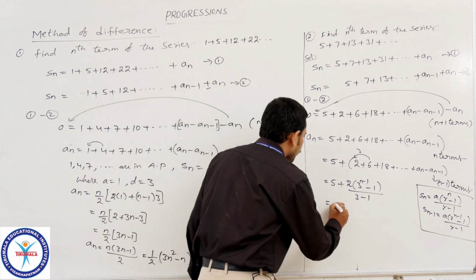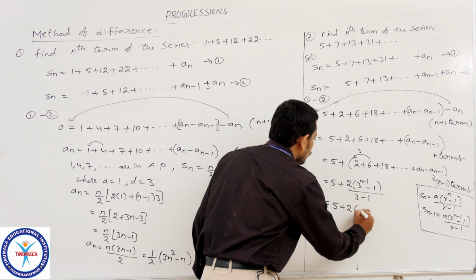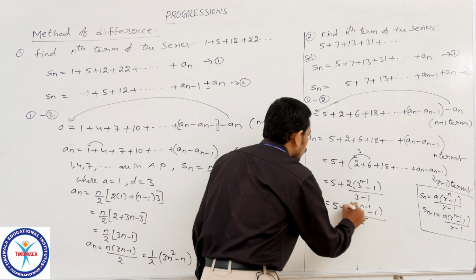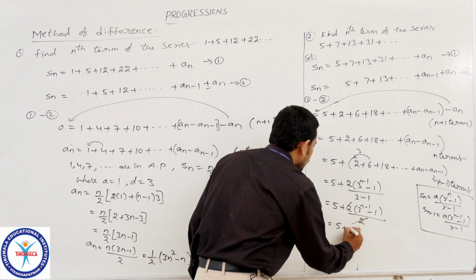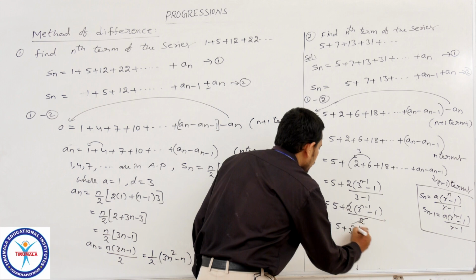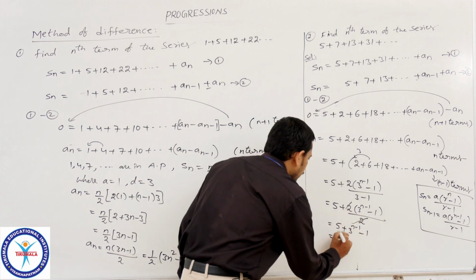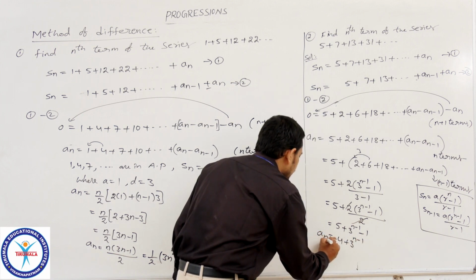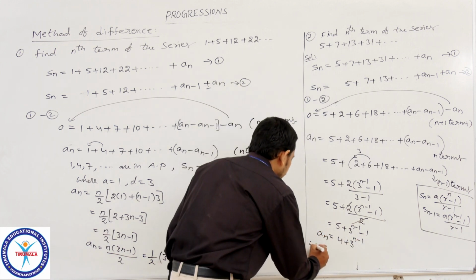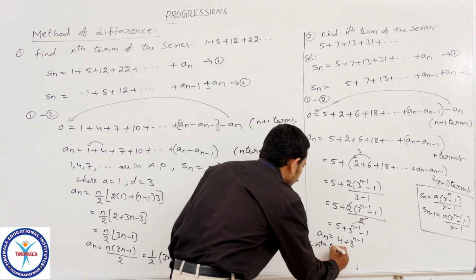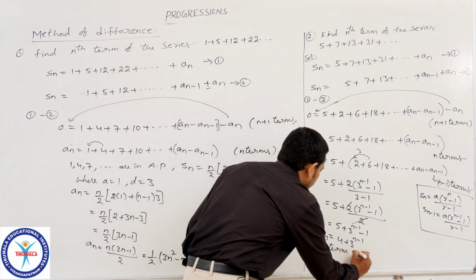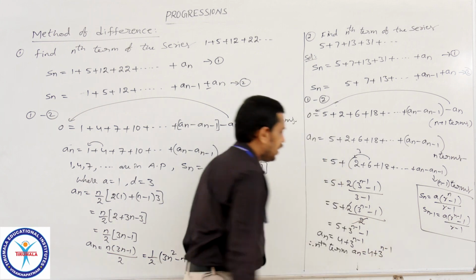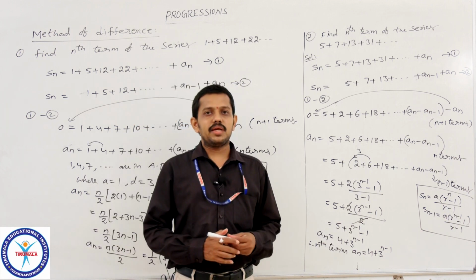So, this is equal to 5 plus 2 into 3 power n minus 1 minus 1 by 3 minus 1. 2 cancels, so this is equal to 5 plus 3 power n minus 1 minus 1, that is 5 minus 1, 4, plus 3 power n minus 1. What is this? An. So, the nth term of the given series, an or tn, we can represent either by an or tn, is 4 plus 3 power n minus 1.